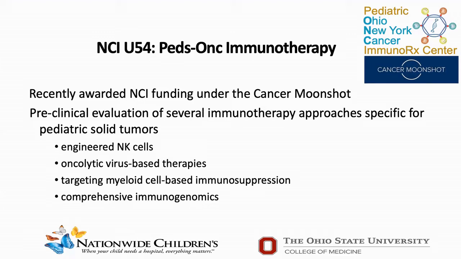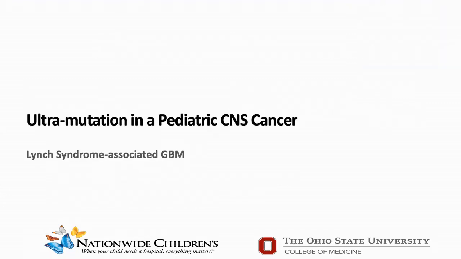And we will be using all of the comprehensive immunogenomics, some of which I have time to talk about today, some of which I don't, to study the changes that these different modalities bring to the tumor immune microenvironment in these preclinical models, and hopefully move forward into the clinical trial setting.